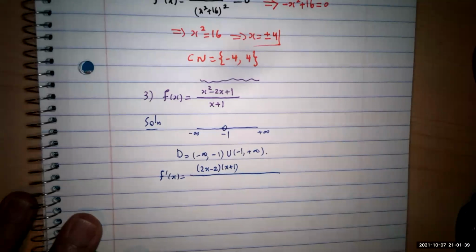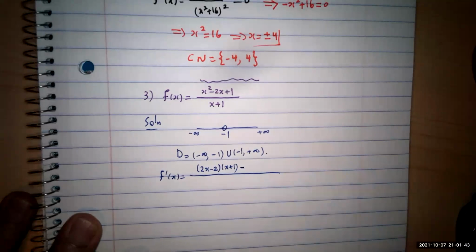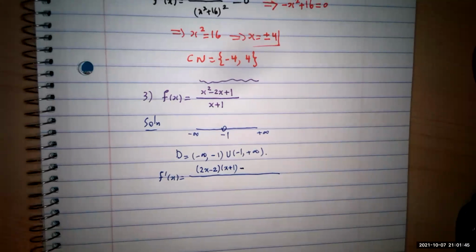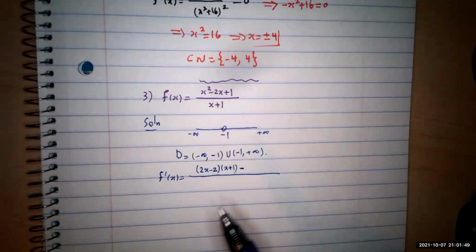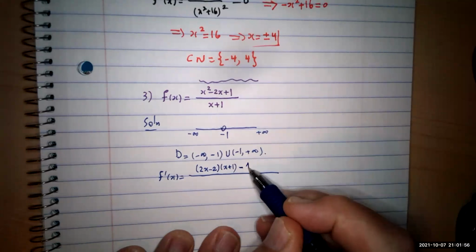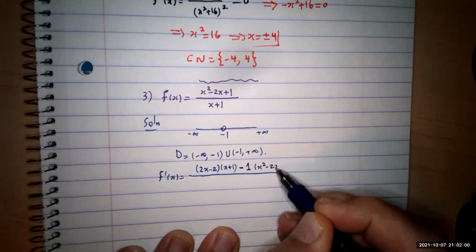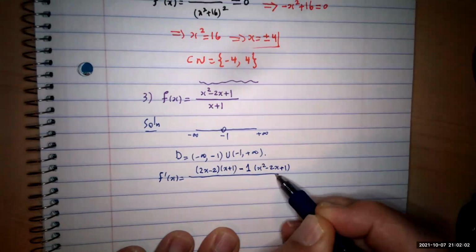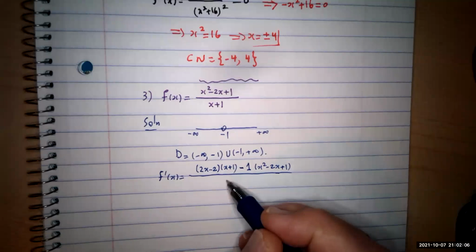Minus the bottom times top. The bottom is 1 times the top, which is x squared minus 2x plus 1, keeping the parentheses for the negative sign, divided by the bottom squared.